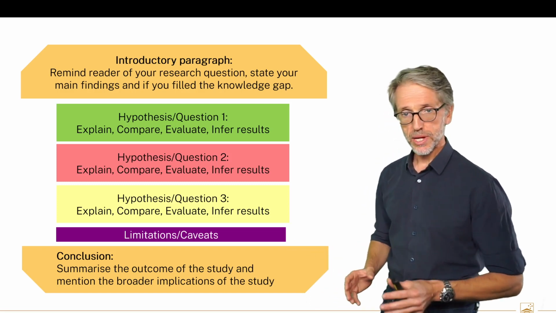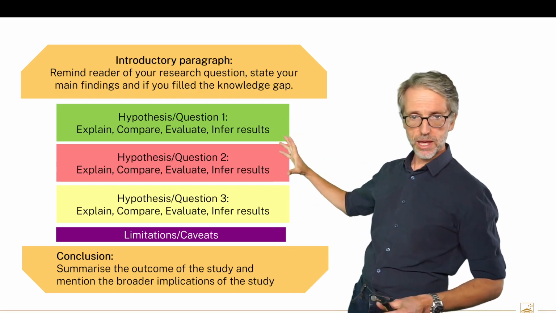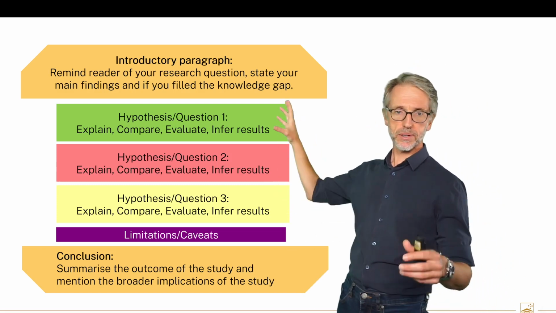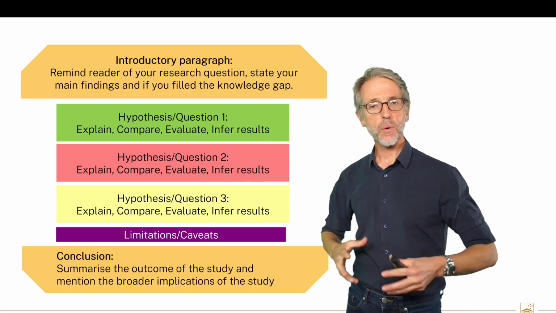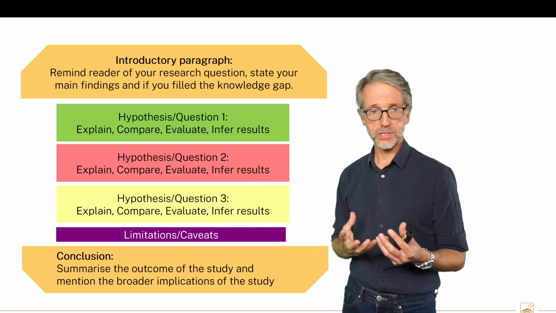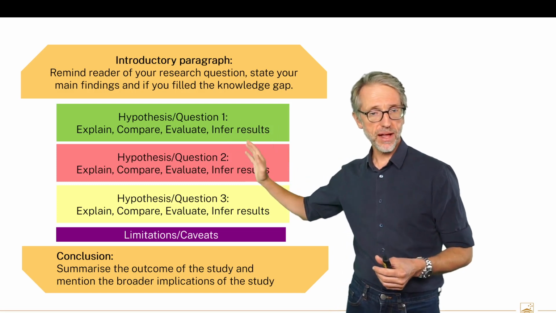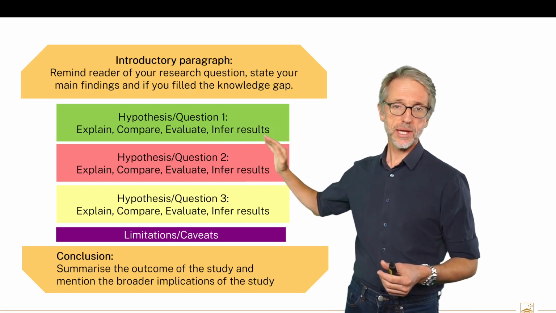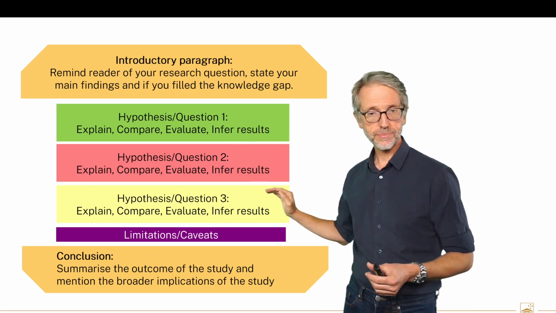Now, in between there, we have these key components, maybe the hamburger patty and the tomato and the salad components, all equally sharing that space where individual hypotheses or research questions or sub-questions are put forward, and that explanation, comparison, evaluation and inference happens through each stage.